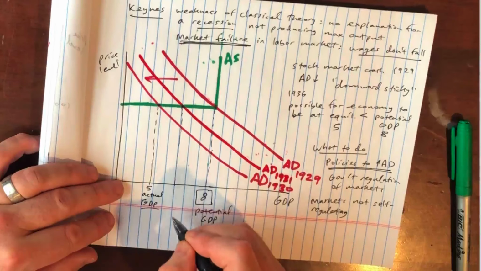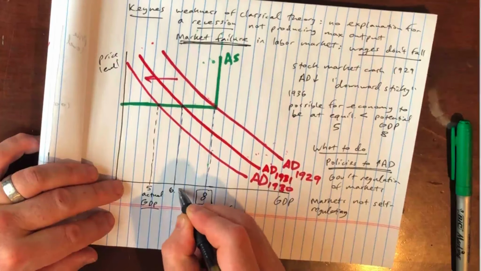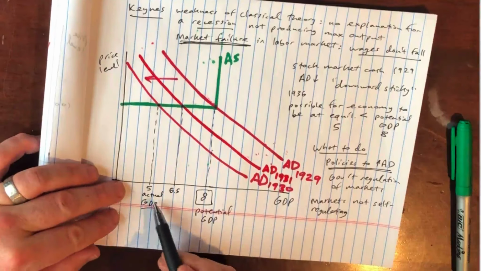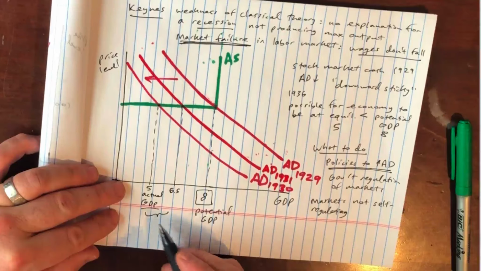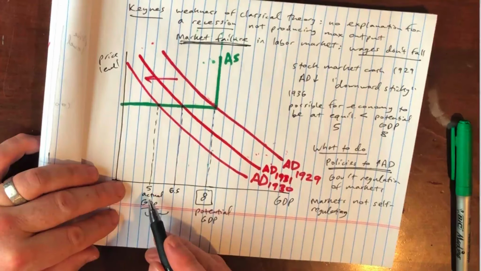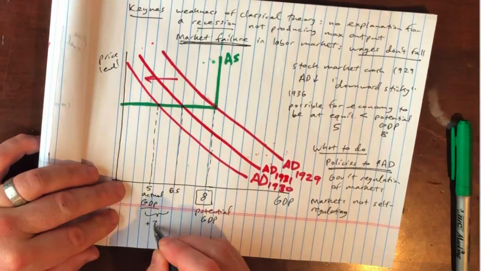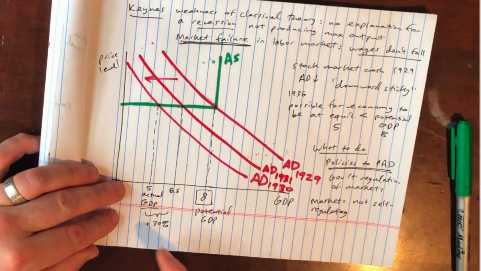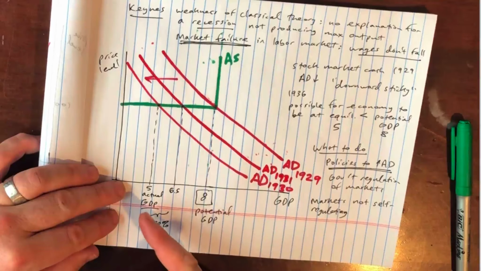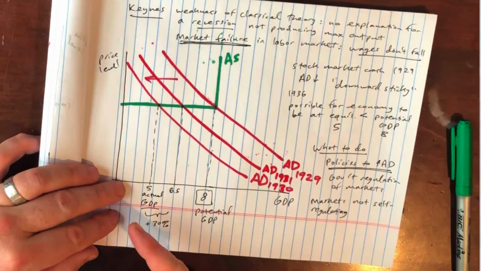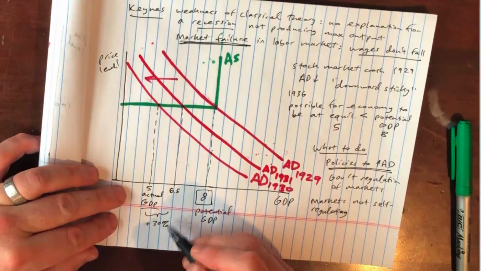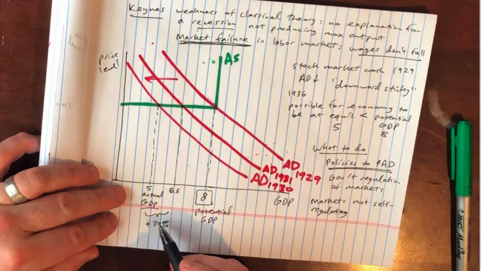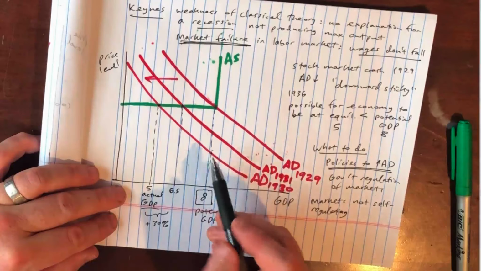Let's say we get to, I don't know, 6.5. So the growth that's happened relative to where we were is pretty significant. It's a 30% increase in GDP, taking the new minus the old divided by the old. That has been caused by aggregate demand.